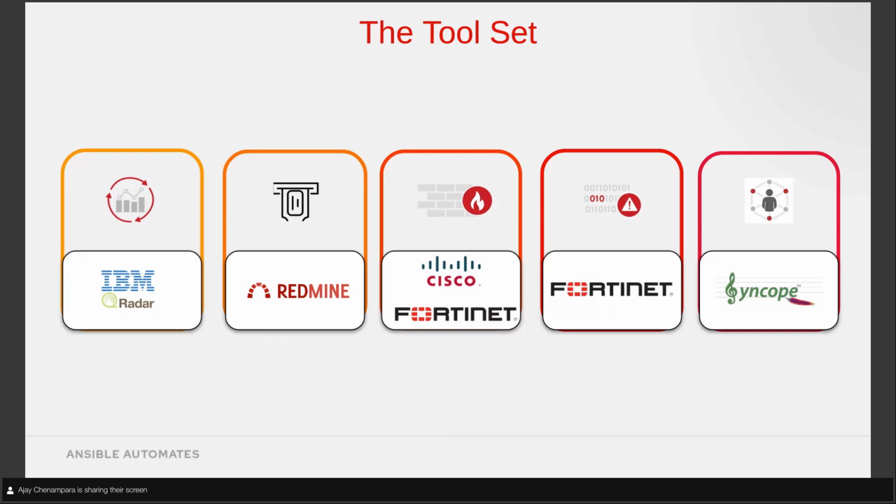And Fortinet IPS and IDS systems are used for detecting security threats. And finally, Syncope is an enterprise identity management solution, which can be used for single sign-on, user authentication, and so on. So this is the landscape of tools around which the use cases are built for the rest of this presentation. All right.